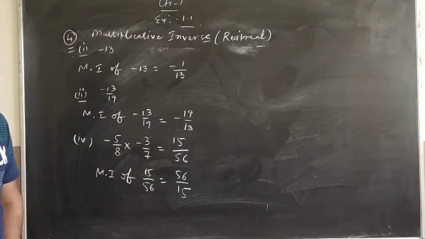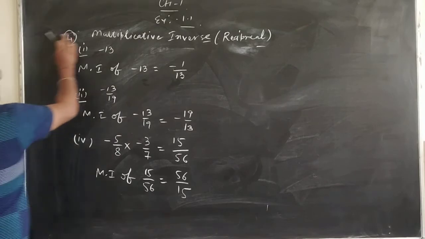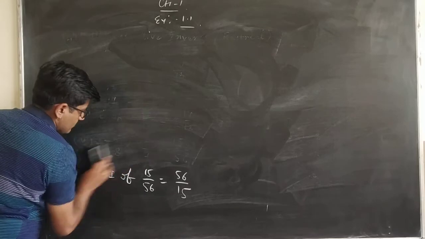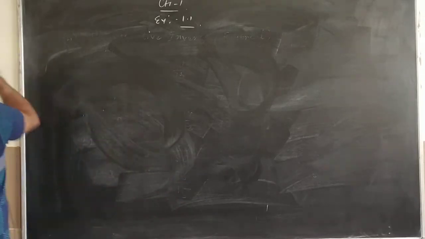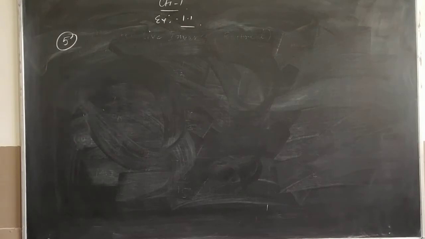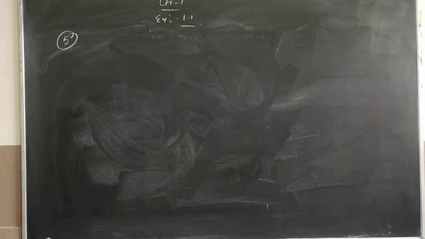Now we'll move to the next question, that is fifth question. Now in fifth question, you can see question is name the property under multiplication used in each of the following.